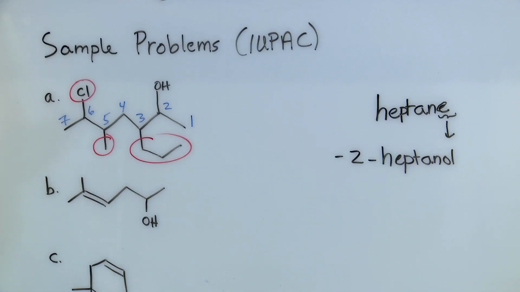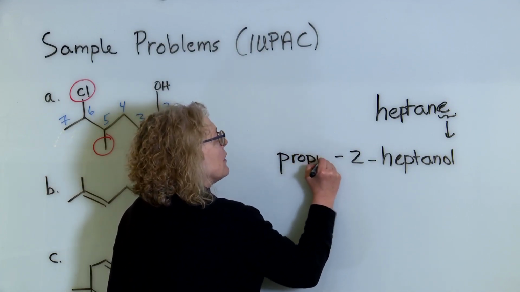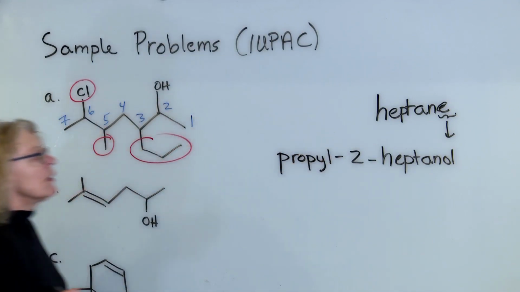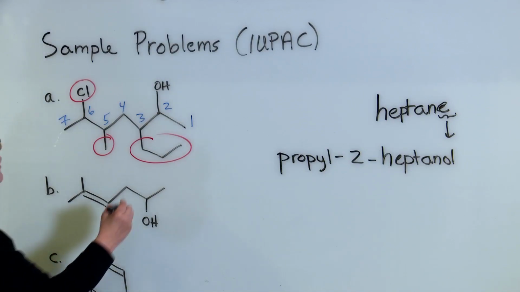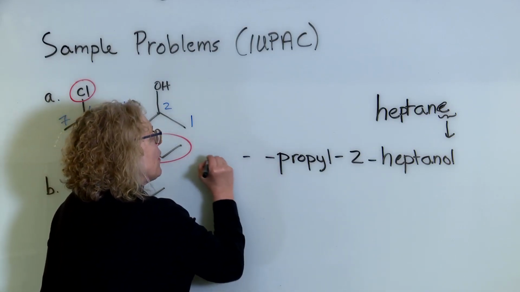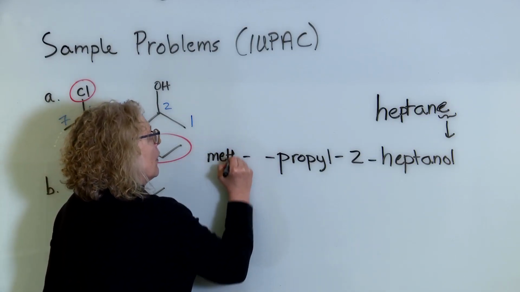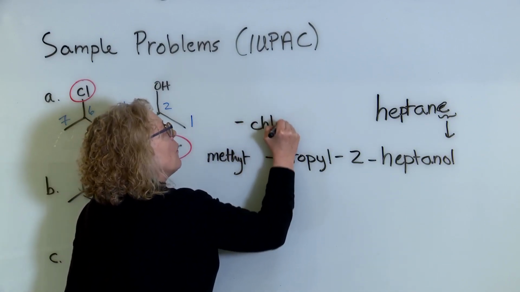We have 3 other groups. We have a chloro, we have a methyl, and we have a propyl group. So the propyl is last in alphabetical priority, so we put it before the 2-heptanol. And so we have the propyl, we have a methyl, and we also have a chloro.